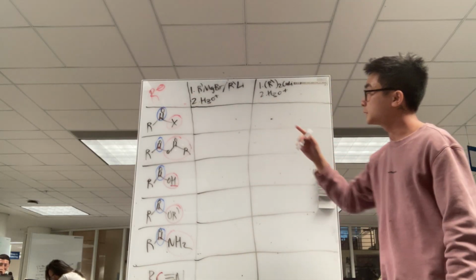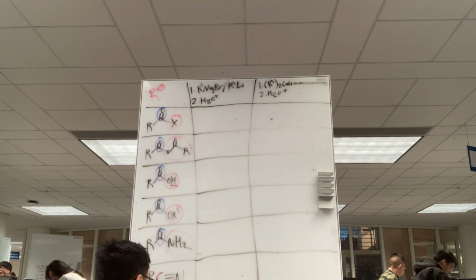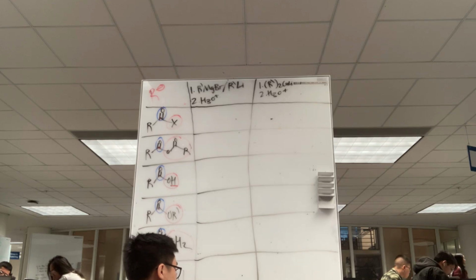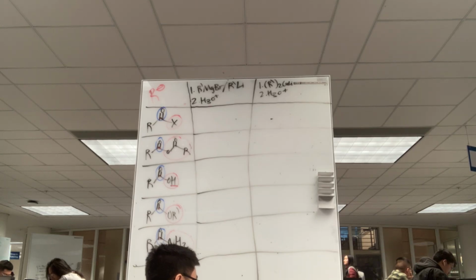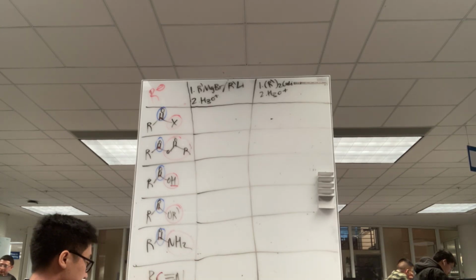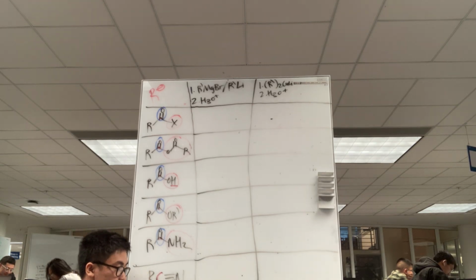Now, I'm going to draw the mechanism for an acyl halide example. Let's say we have something like this with Cl, and then we react it with first step, MgBr, second step, acid workup. Okay. When you guys see something like this, what is the electrophilic atom that you see in this molecule over here?